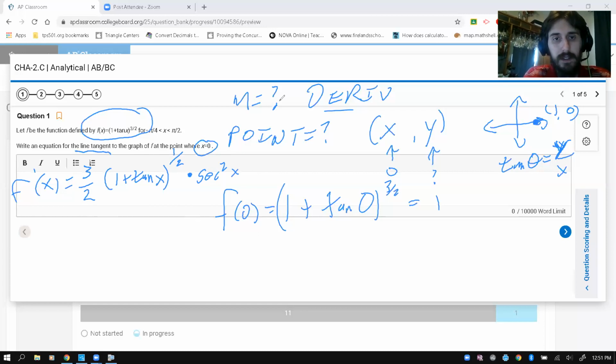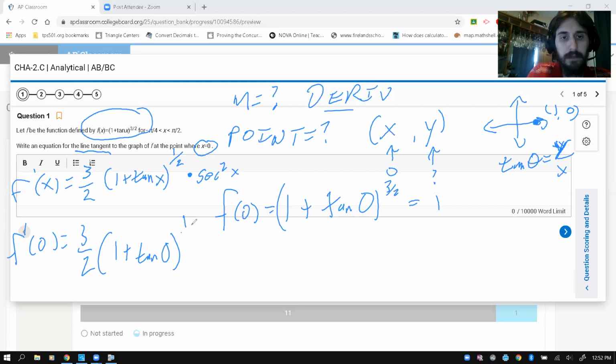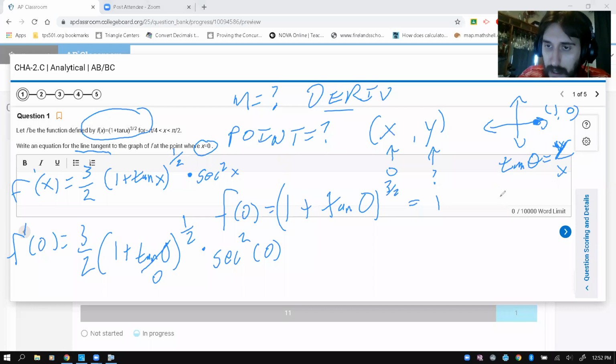To find the slope at 0, again, we're going to plug in 0. So f prime of 0 would be 3/2 times 1 plus tangent of 0 to the 1/2 power times secant squared at 0. Well, tangent of 0 again is just 0. Secant squared is going to be 1, because secant of an angle is r over x.